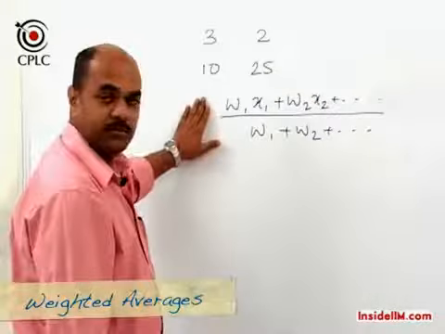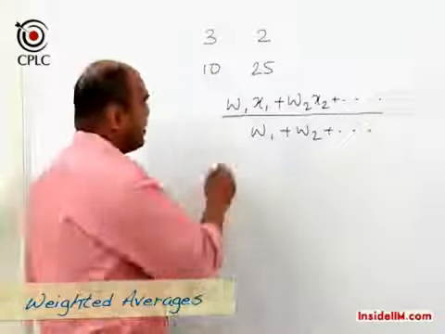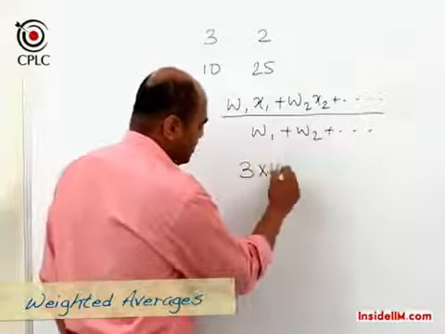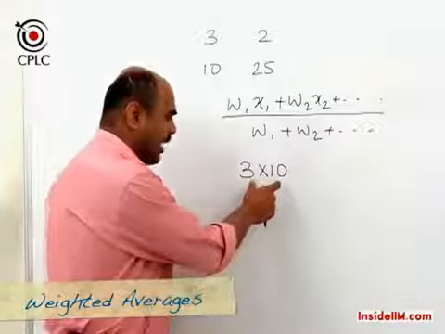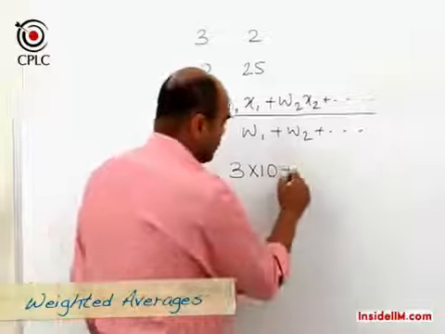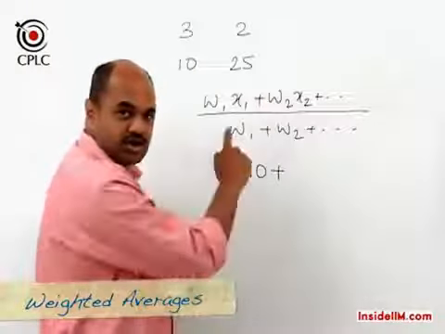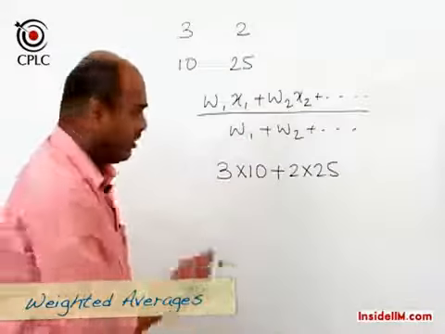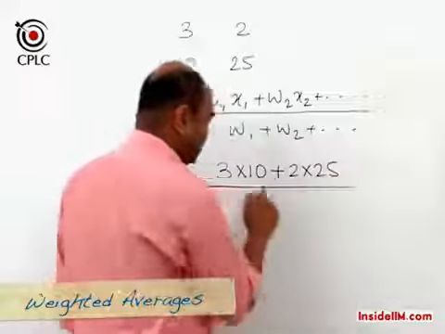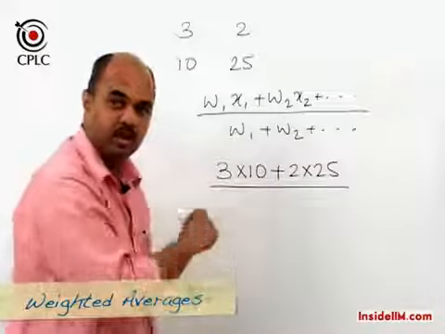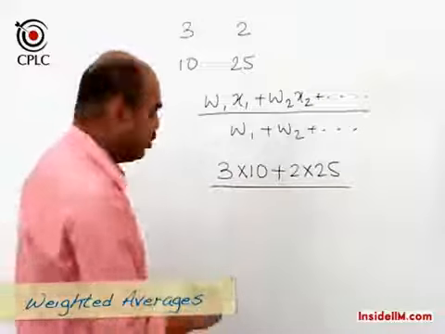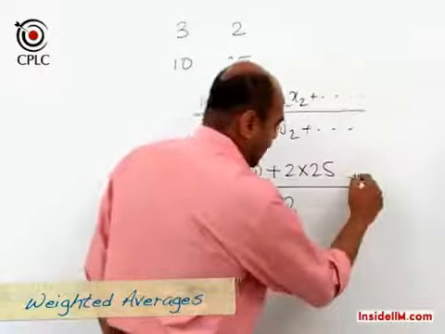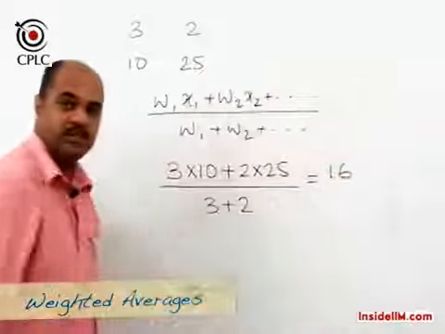So if I use this formula in this example, we say that 3 kgs of sugar costing 10 rupees per kg would mean a total value of 30 rupees. 2 kgs of sugar costing 25 rupees per kg would mean total value of 50 rupees, and 30 plus 50 would make a total mixture value of 80 rupees, and then I divide by the total quantity which is 5, and hence the average here would be 16.